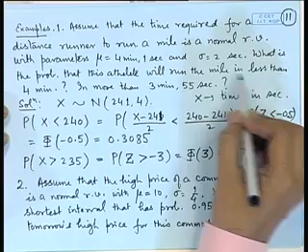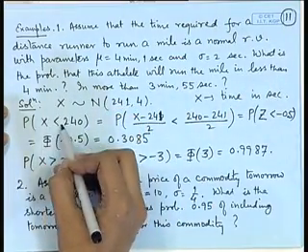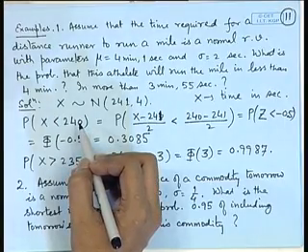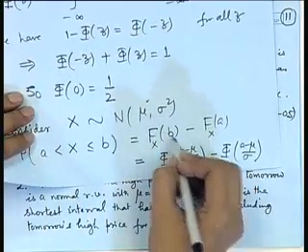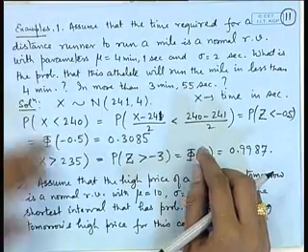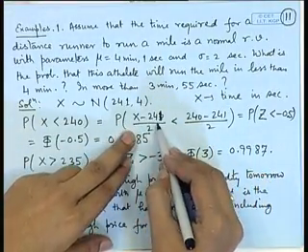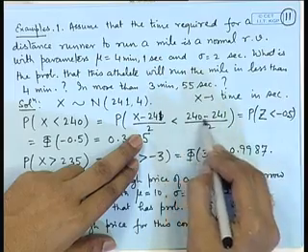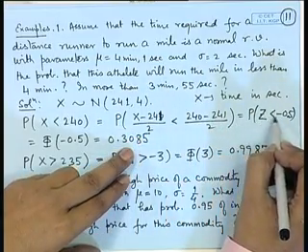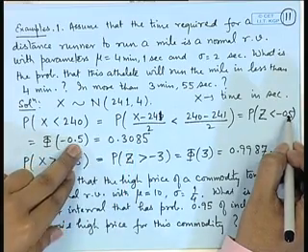So, what is the probability of running in less than 4 minutes? That means x is less than 240. What is the probability of this event? Utilizing this relationship, we can write this as probability (x minus 241)/2 less than (240 minus 241)/2, which is probability z less than minus 0.5, which is phi of minus 0.5.